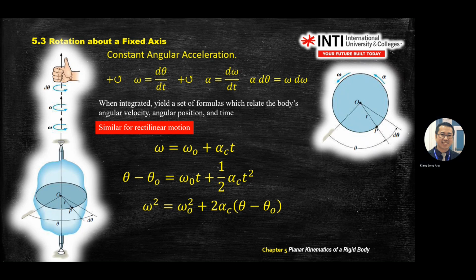Second one, still same. Omega 1 square equal to omega 0 square plus 2 alpha theta, A becomes alpha, and S is your theta. Same with this one. S you change to theta, equal omega 0 t plus half alpha t square.